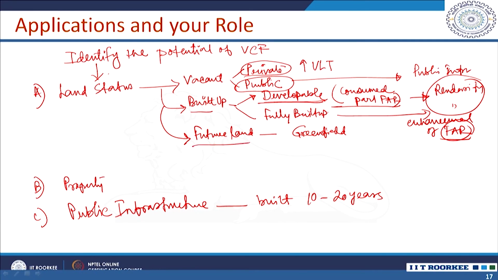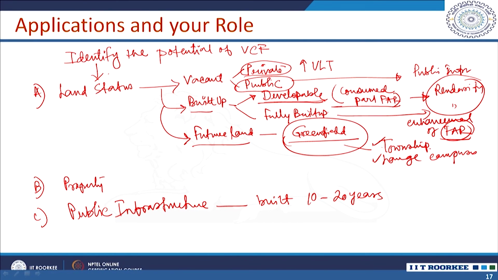For the future land, if you find some greenfield area, you can try to develop a township or large campuses and then take a share of the value enhancement from that project.